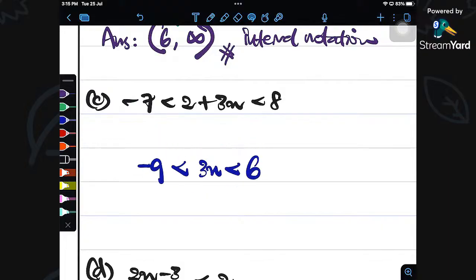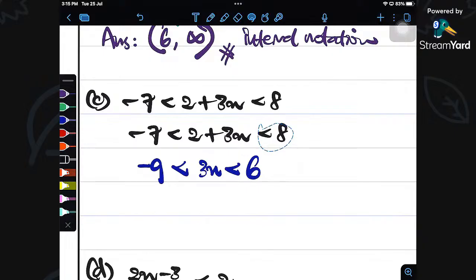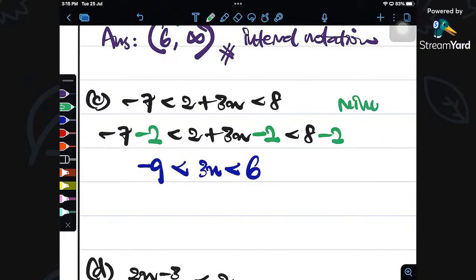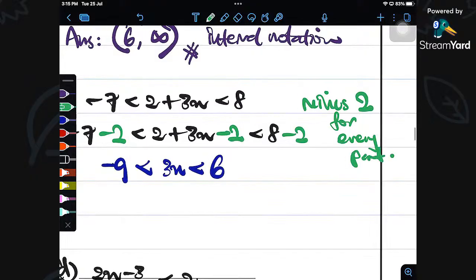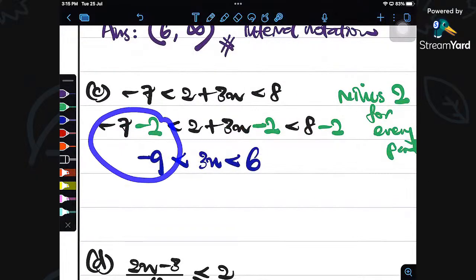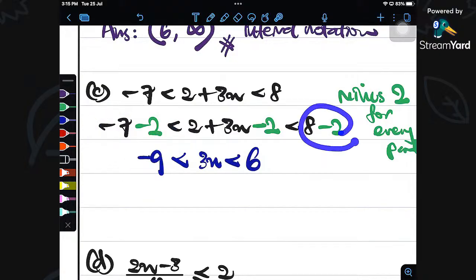If you are still not clear why, let me tell you why. What I did here is I minus 2 from every part. For every part of the inequality. That's why I got -9 for -7 minus 2, and here 8 minus 2 is 6.